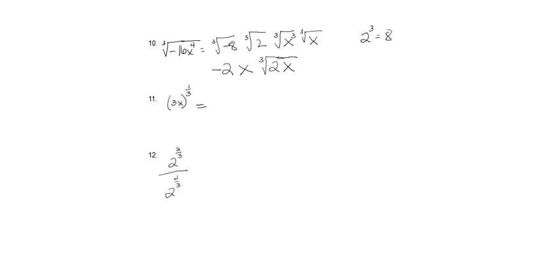Let's look at number 11. We have the quantity 3x taken to the 1/3 power. Now, as we were told earlier, we can write a fractional exponent as a radical. So let's make our radical.